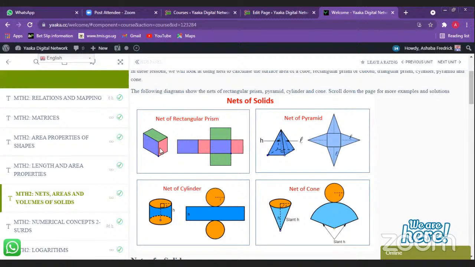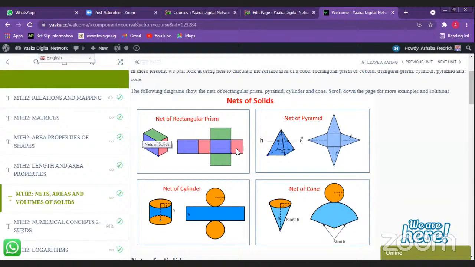So for example, if we open this rectangular prism, this side has another side there. This side, which is blue, has another blue side there. The upper face, which is green, has another lower face here, which is also green.